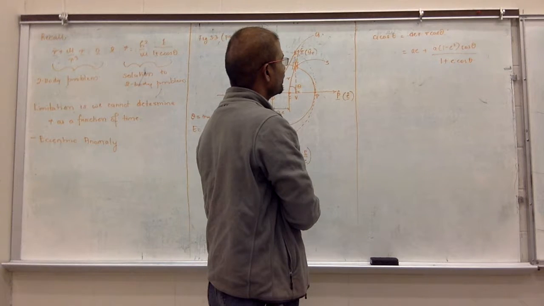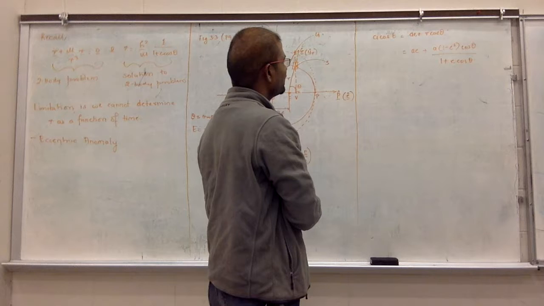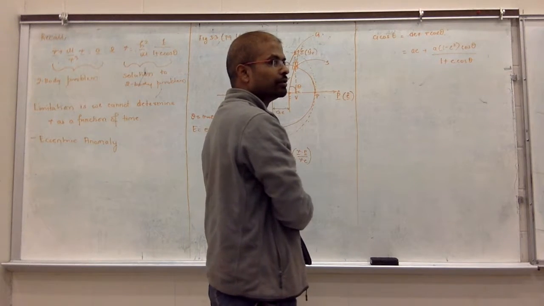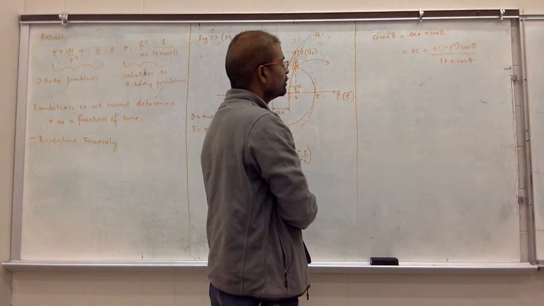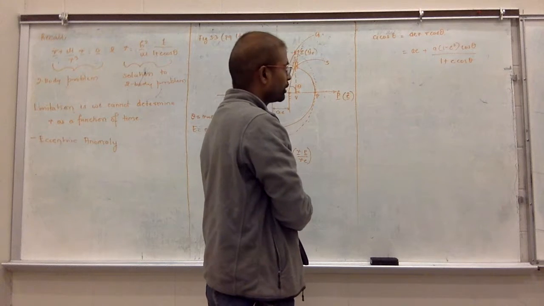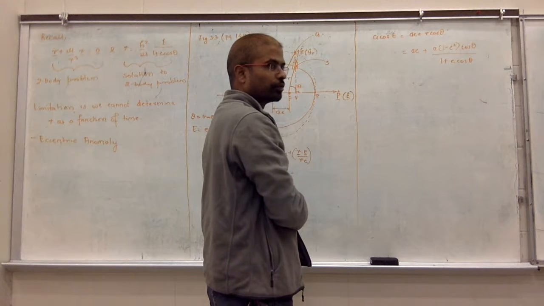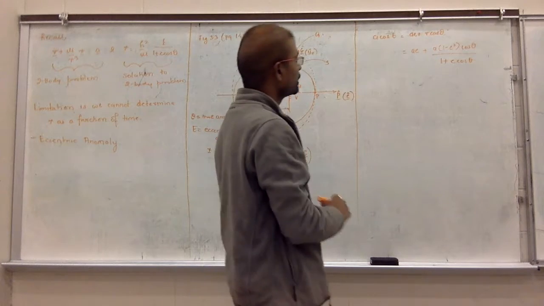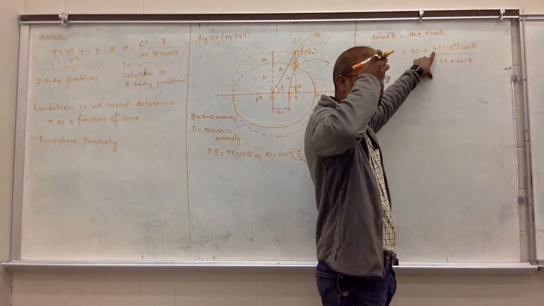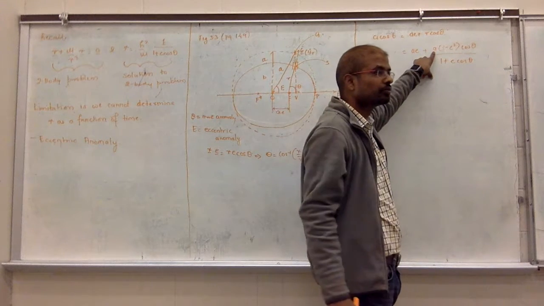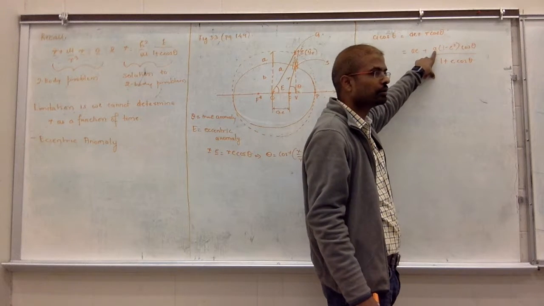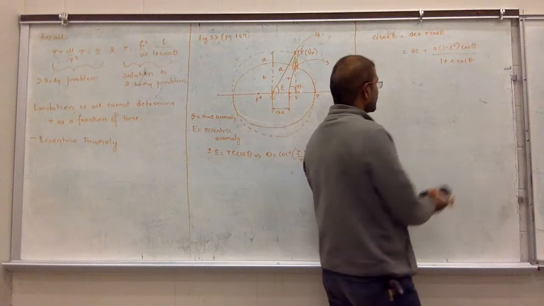What did I do here? I plugged in the equation for r. I just put in the equation for r. This h squared over mu is A into 1 minus E squared. Does this make sense?